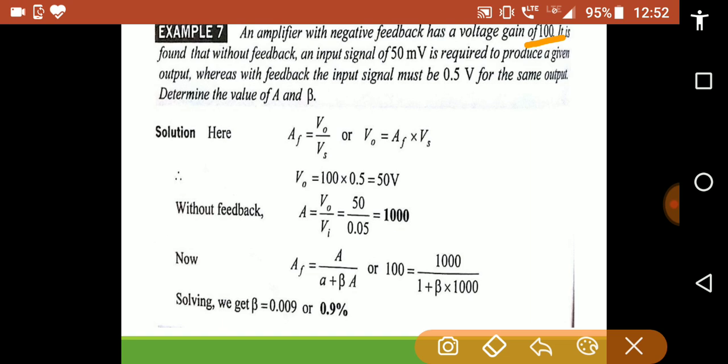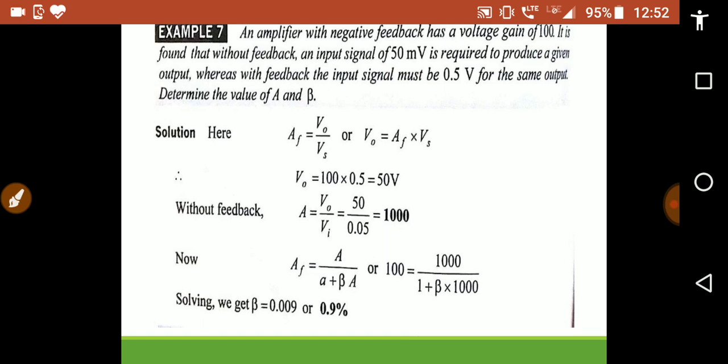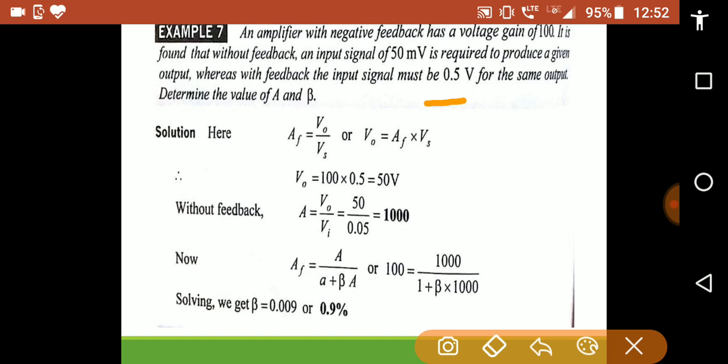It is found that without feedback an input signal of 50 millivolt is required to produce a given output, whereas with feedback the input signal must be 0.5 volt for the same output. Then determine the value of open loop gain A and beta.